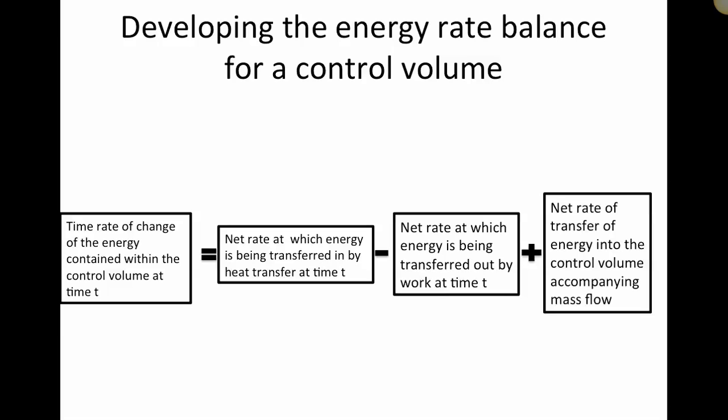The next term is the net rate of transfer of energy into the control volume. This is due to the mass flow into the control volume. The mass flow is basically the fluid coming into the system. It has certain kinetic energy, so it brings in energy in the form of kinetic energy, potential energy and its own internal energy. We will be looking at this in a moment.